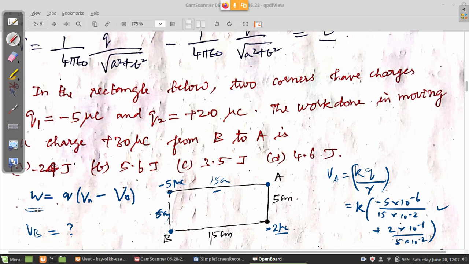See, the choices are also given there, right? Minus 24 joules, and the other three choices are plus 5.6 joules, 3.5 joules, and 4.6 joules.